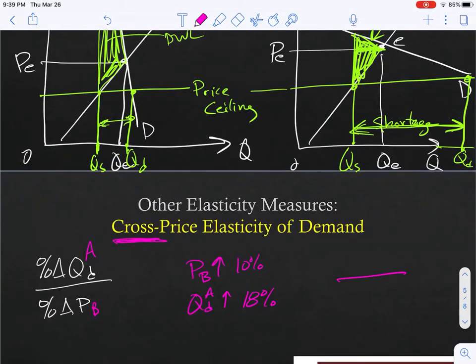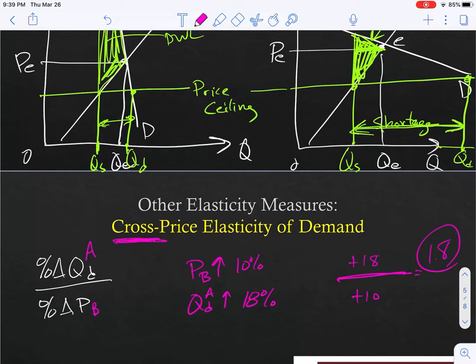Well, I'm going to draw my fraction bar here. Price of B goes up 10%. Price of B is in the denominator, so I put plus 10 down there. And the quantity demanded of A, sales of A, goes up 18%, so I put plus 18 in the numerator, and I get a positive 1.8.